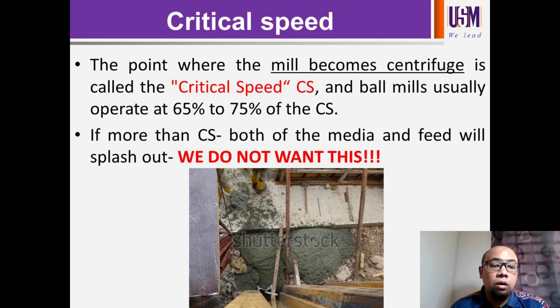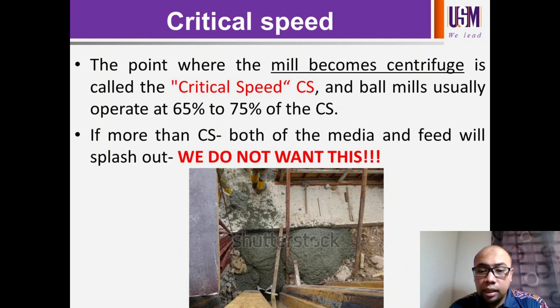Because in the milling process you need to rotate at a high speed. If you exceed the critical speed of the milling machine, the most concern is that the feed will splash out from the tumbler or container.